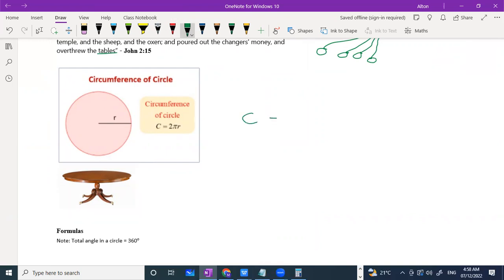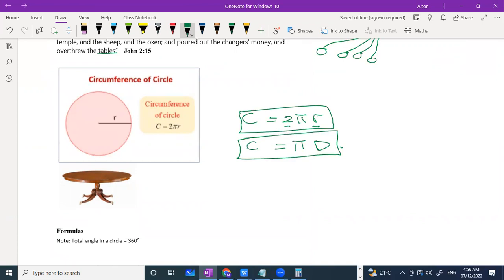Circumference C is 2 times pi multiplied by the radius. Now, the circumference C, since 2 times pi r is 2 times the radius, which is the diameter, is also pi multiplied by the diameter. So whichever formula you want to use to find the circumference of the circle, you can do so.